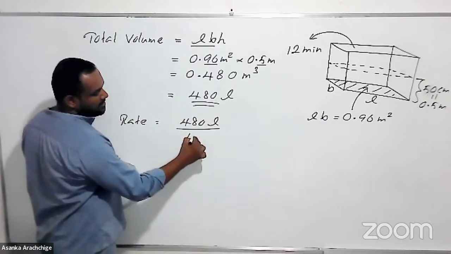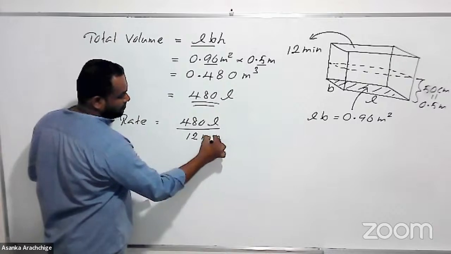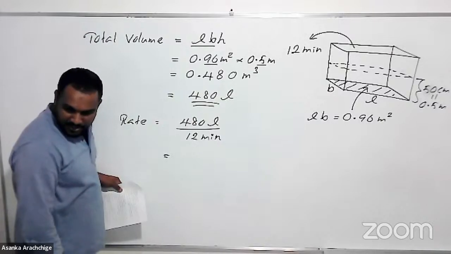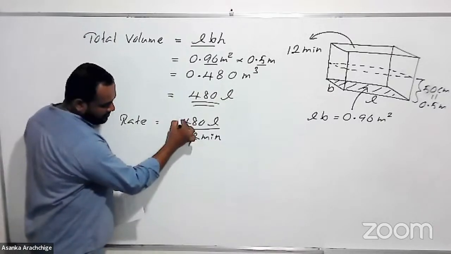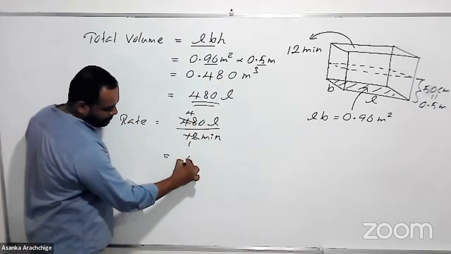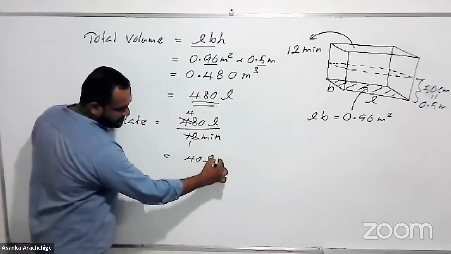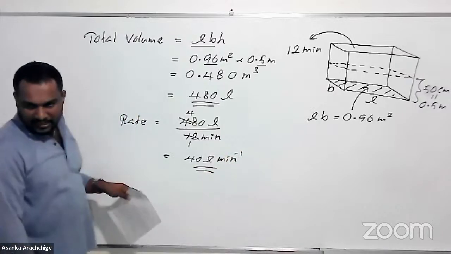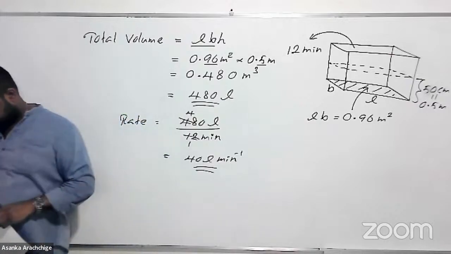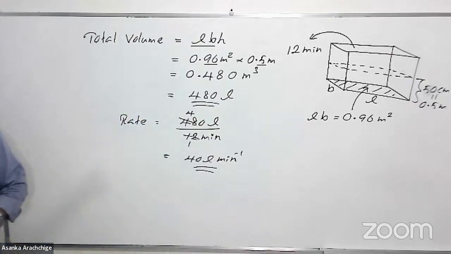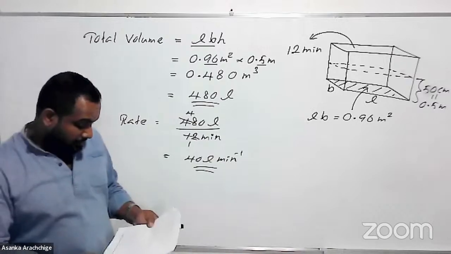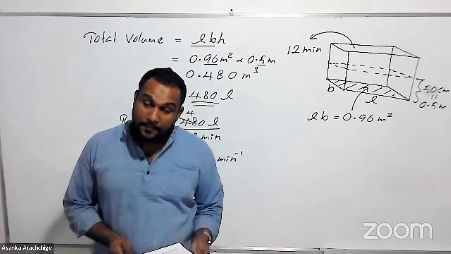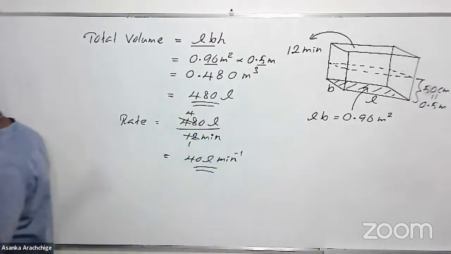Then divide by 12 minutes. How many 12s are there in 48? 12 times 4 is 48, and 0. 40 liters per minute. Clear? Copy it now. Correct. Okay. Then try number 15 and 16. Both 15 and 16.